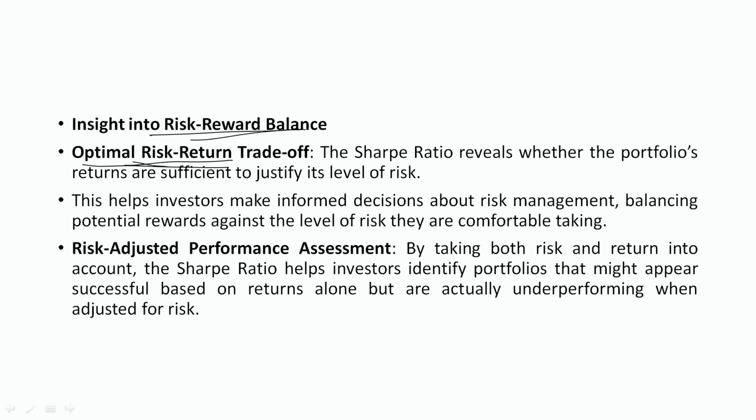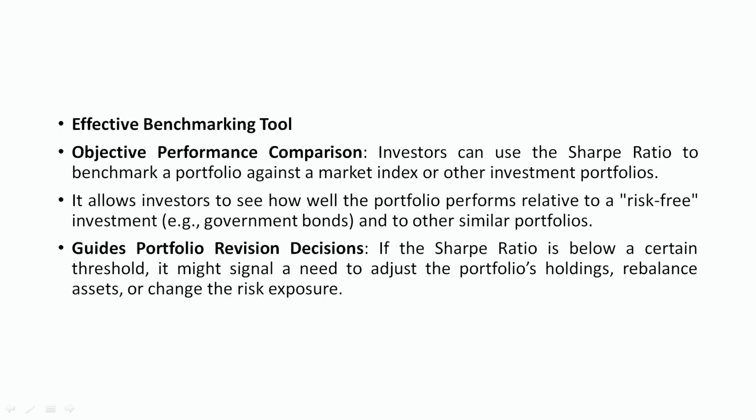Then it also talks about risk adjusted performance assessment, because if the Sharpe ratio is low, I can identify that the portfolio is underperforming, and if it is high, it is outperforming the risk prevailing in the market.